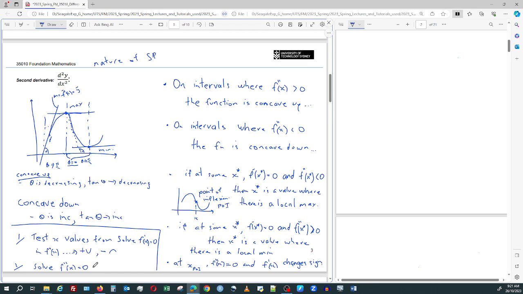Then that x value is where you'll find a point of inflection.